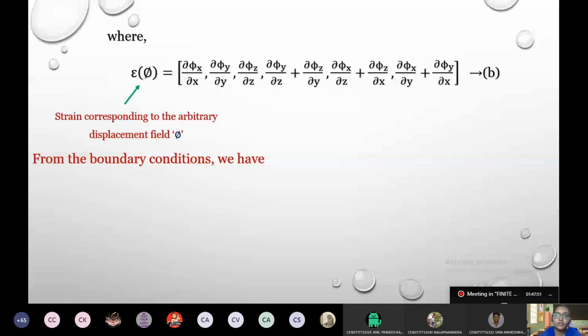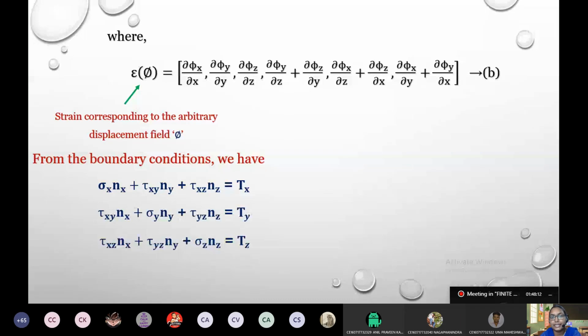Now the other terms we have are the boundary condition terms, that is the unit normal terms. Now what are they? Sigma x nx plus tau xy ny plus tau xz nz is the traction force in the x direction. Similarly, we have it in the y direction and in the z direction. Now this is with respect to the surface traction. What if there are point loads also?